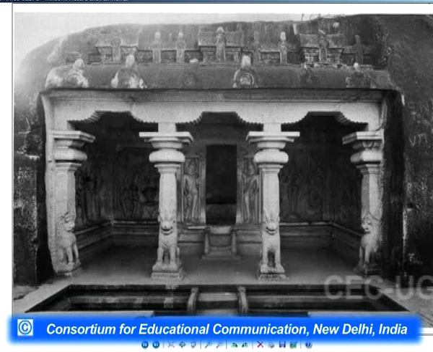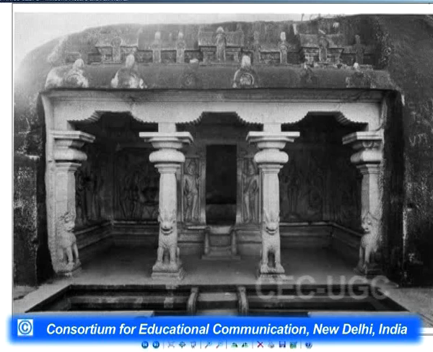You can see that these columns are typically Pallava columns with a base having a roaring lion. This is a very typical example of a Pallava kind of column. So Mandapa is a Buddhist type of cave. Mandap basically means a pillared structure, and this is why the term Mandap became popular for this particular structure.